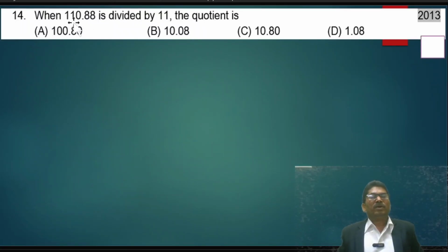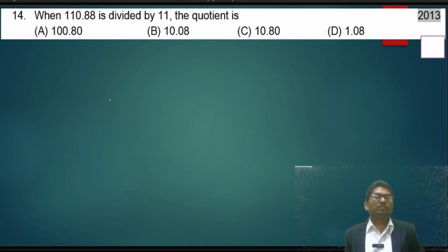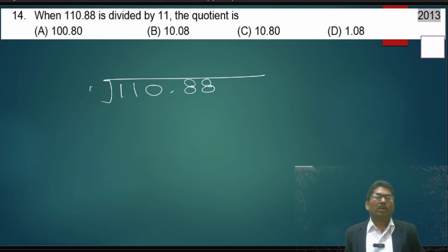14. When 110.88 is divided by 11, the quotient is 110.88. 11 ones are 11.